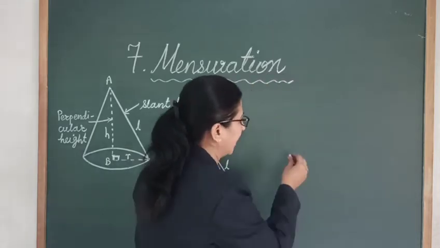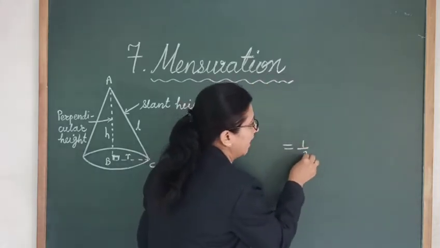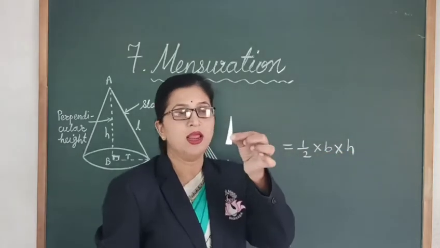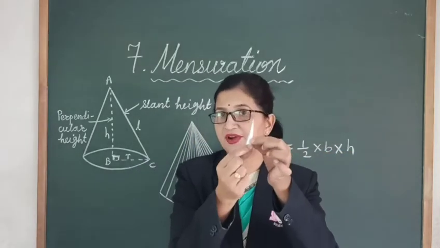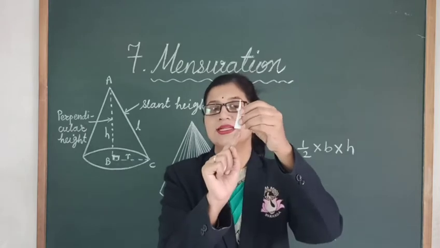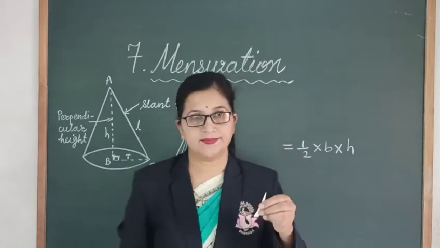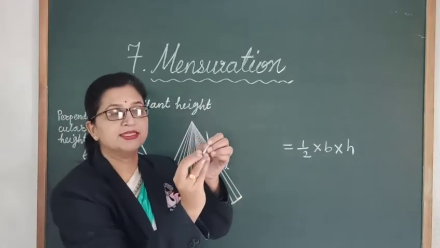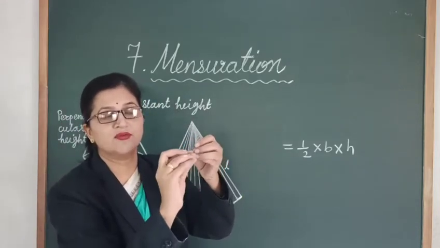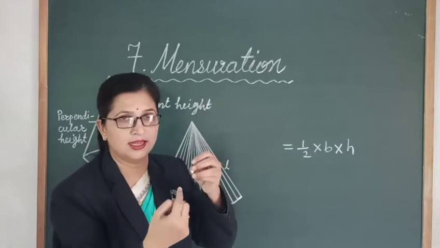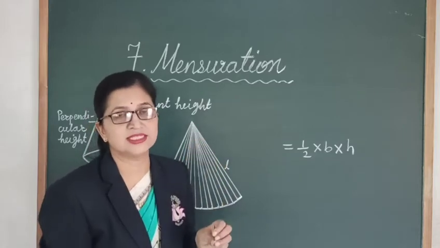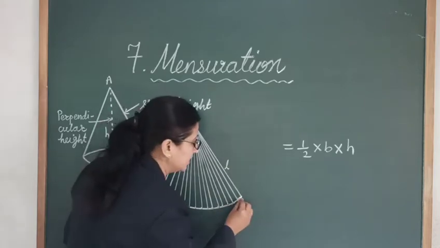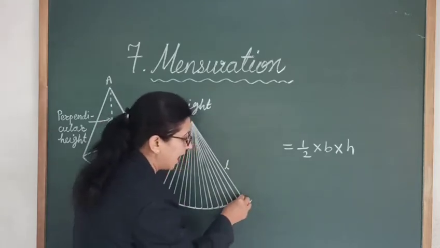The area of a triangle is equal to half base into height. Now in the case of this triangle, what is its base? This is the base. If we fold it like this, we get a small circle downside, which is nothing but the circumference, that is 2 pi r.